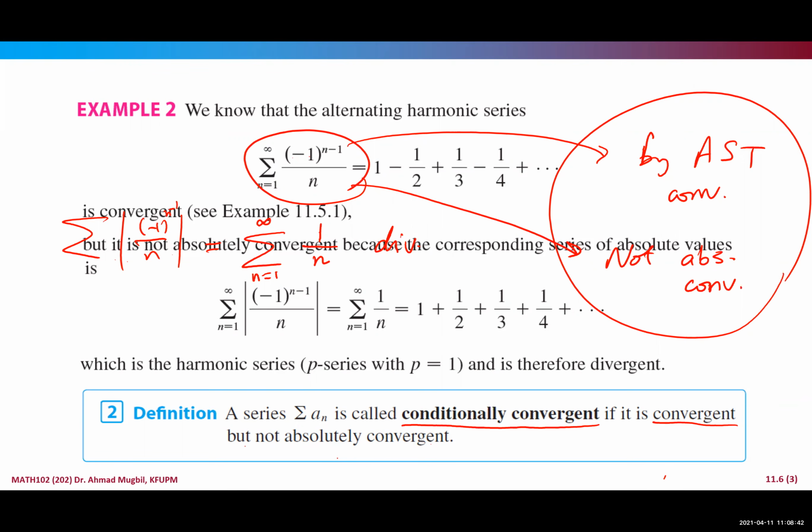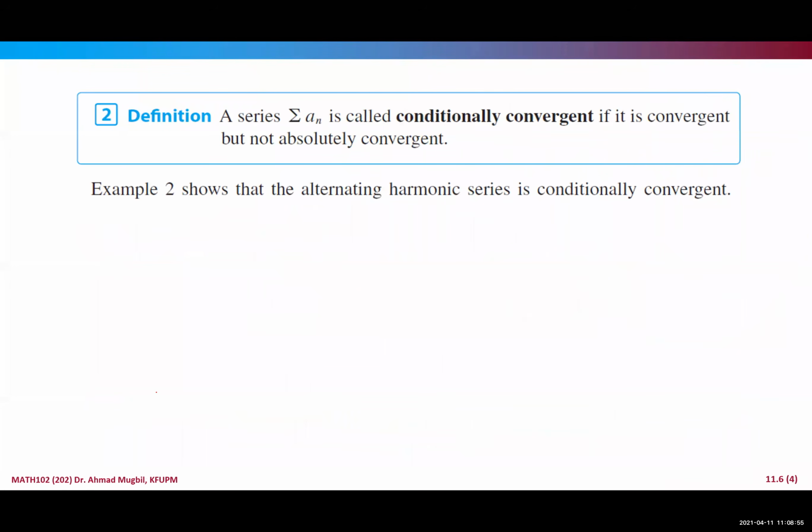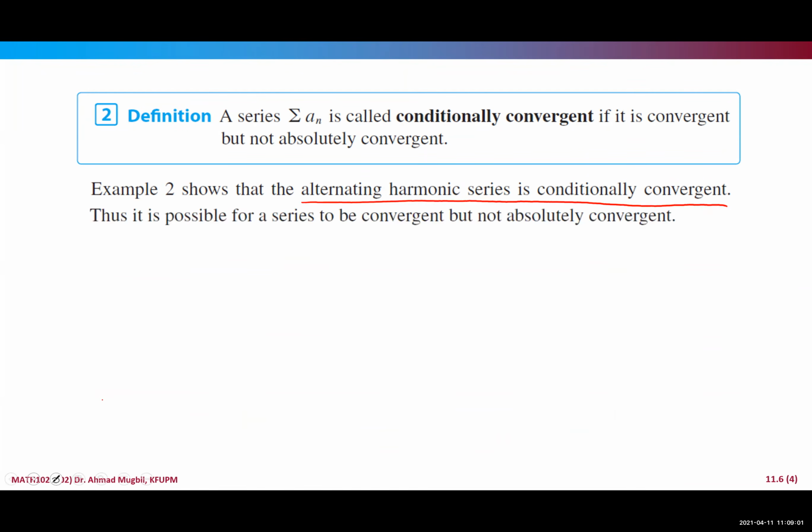The best example of this is the alternating harmonic series, which is the harmonic series with alternating signs. Example 2 shows that the alternating harmonic series is conditionally convergent. This means it is possible for a series to be convergent but not absolutely convergent.